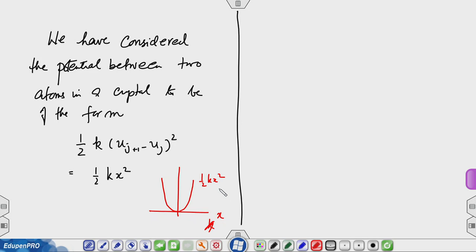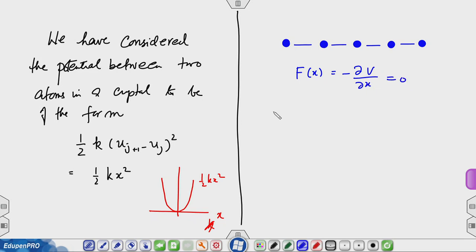However, recall how this is obtained. If I take these atoms to be at equilibrium, then the force on each atom, which is minus dV by dx, is 0.